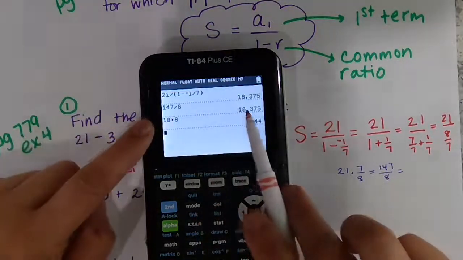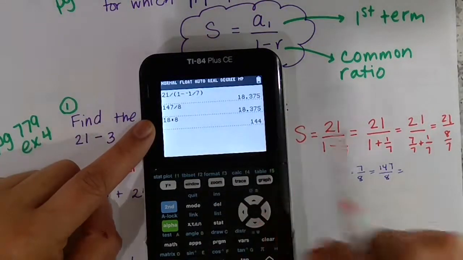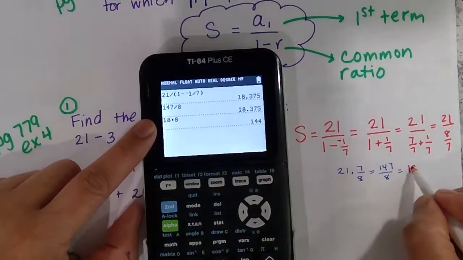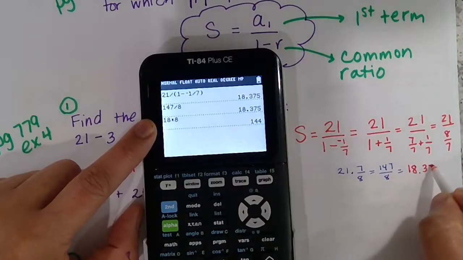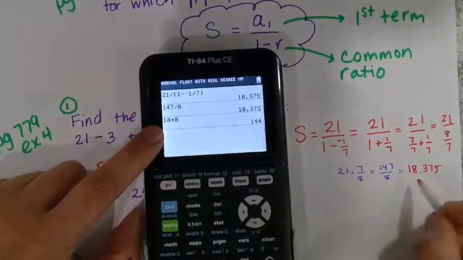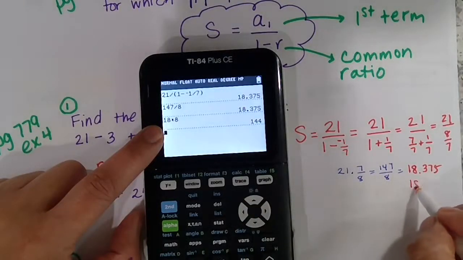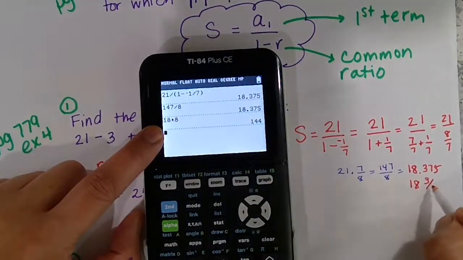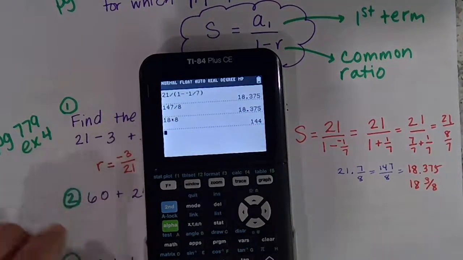Plugged 147 over 8 into my calculator, 18.375. 18.375 is the same thing as 18, since 8 goes into 147 eighteen times with 144, so it is 18 and 3 left over. All right, 18 and 3/8.